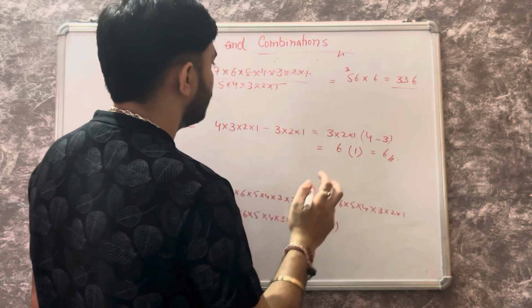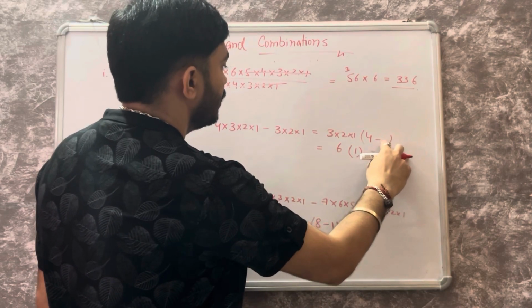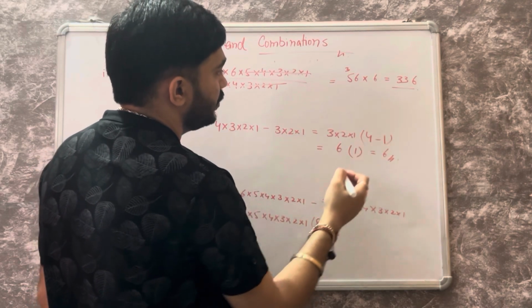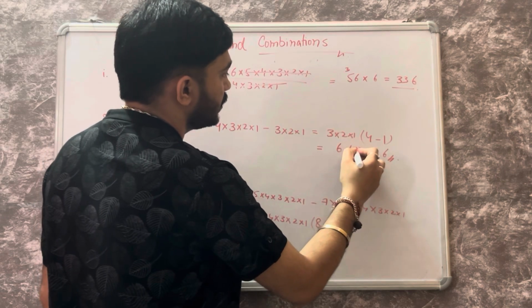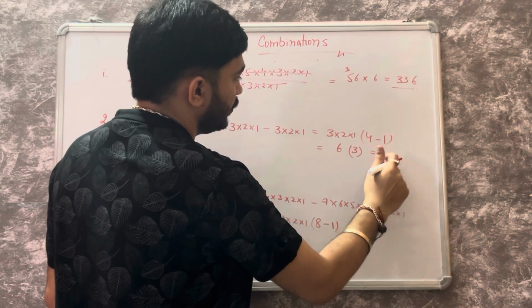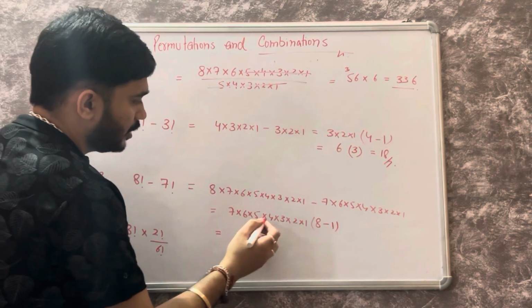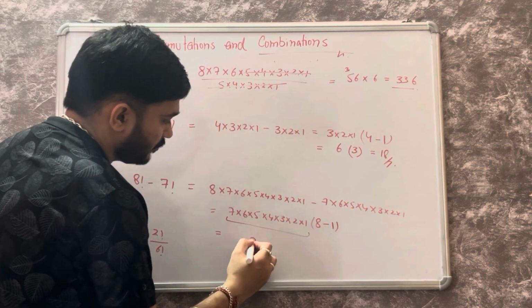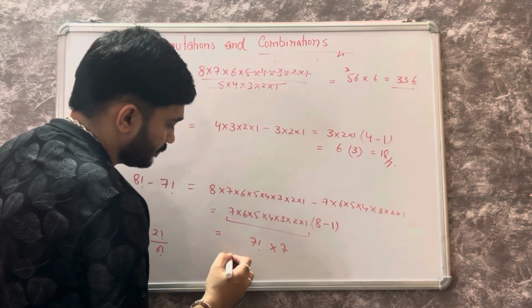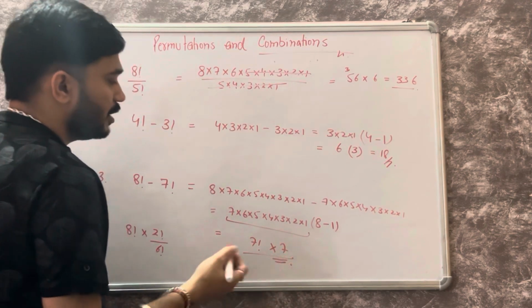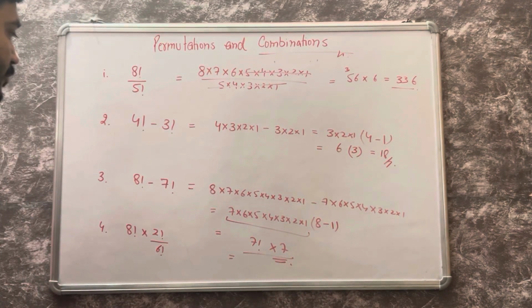Sorry, I have made a mistake here. Here you are left with 4 minus 1 and you will get 3. So the answer of that question is going to be 18, not 6. Sorry, my mistake. Here you see this is 7 factorial multiplied by 7. So you can calculate this by multiplying these numbers.